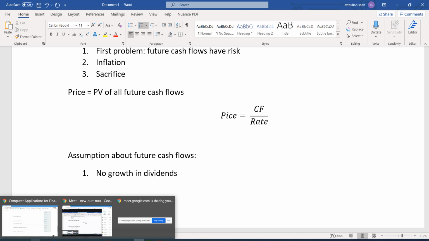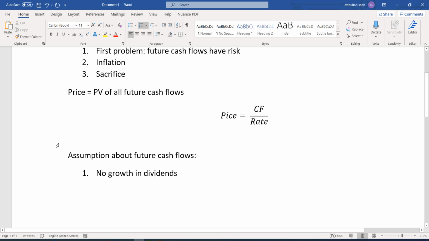If there is no growth in the dividends, today's dividend is equal to the future dividend. In this case, the dividend discount model becomes very easy. We can very easily find the share price of this company.